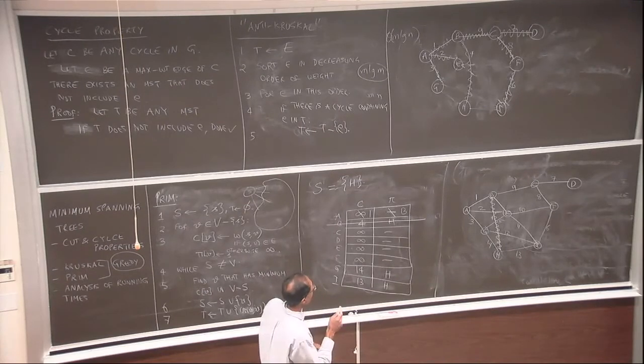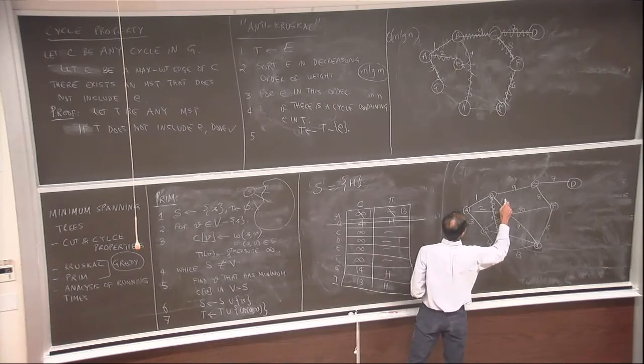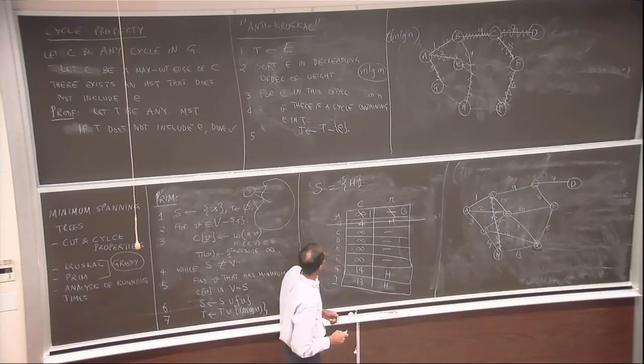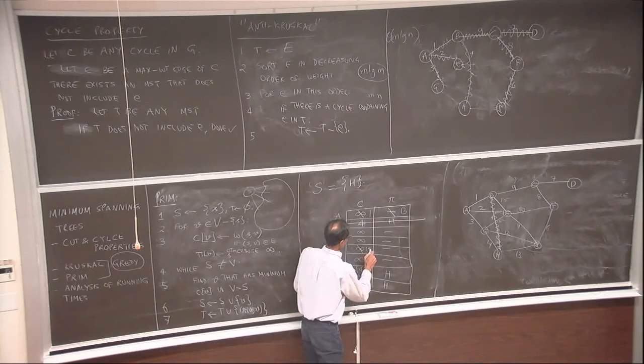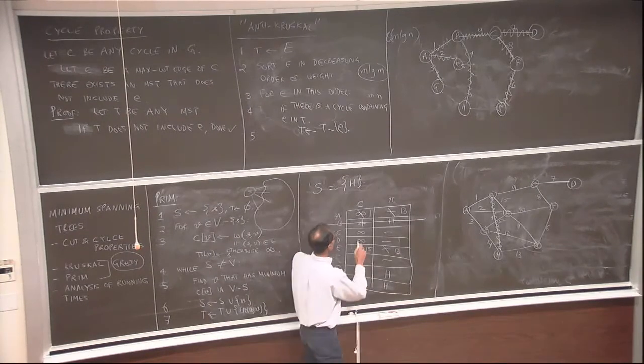Okay? Then B to E. That E was 15, right? Or 15, yes. So B to E. Is it better than infinity? Yes. And this will change to B to C, 9.